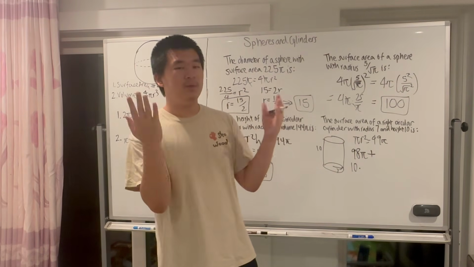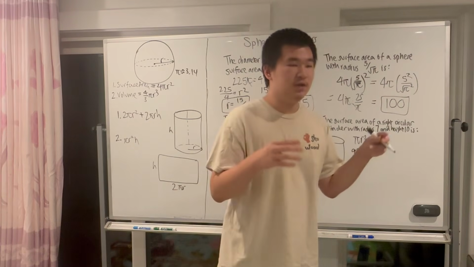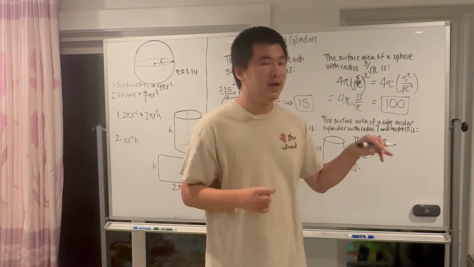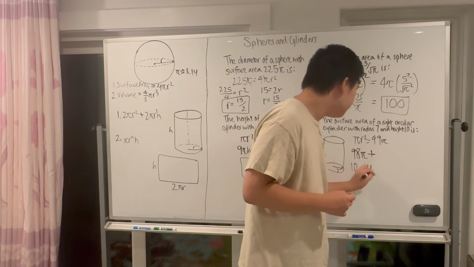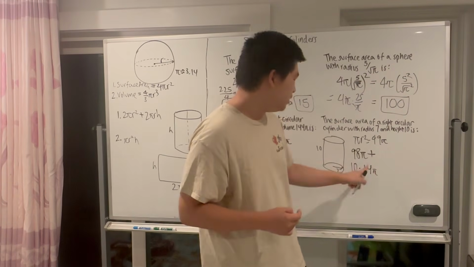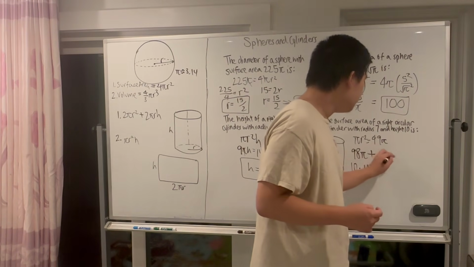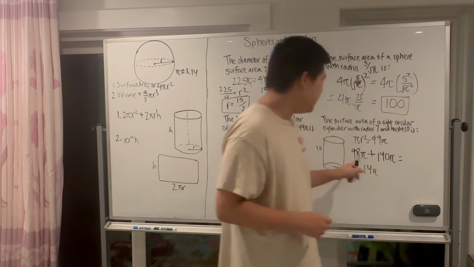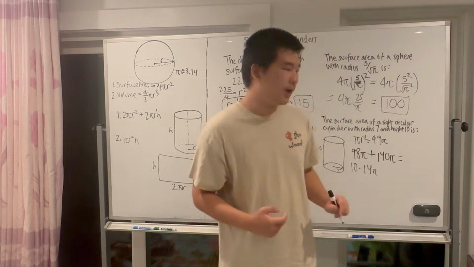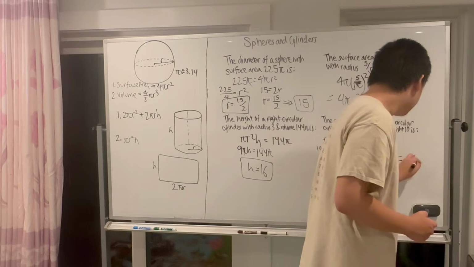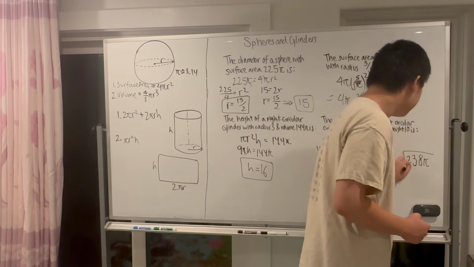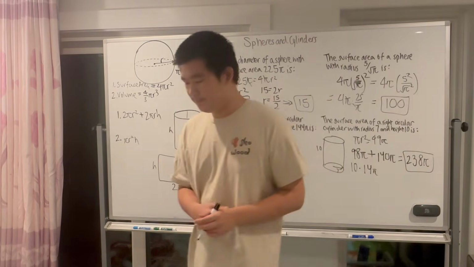So the length of the wrapper is the circumference. The circumference is 2 pi r. 2 times pi times 7 is 14 pi. So it's going to be 140 pi. And so our total surface area will be 98 pi plus 140 pi, which is equal to 238 times pi. 238 pi, that's what you would write.